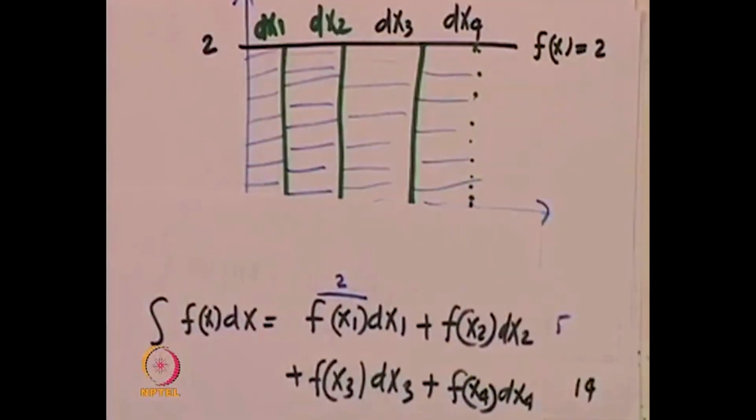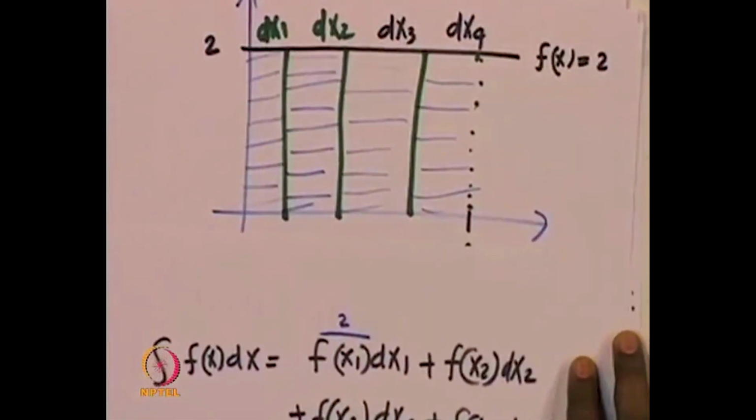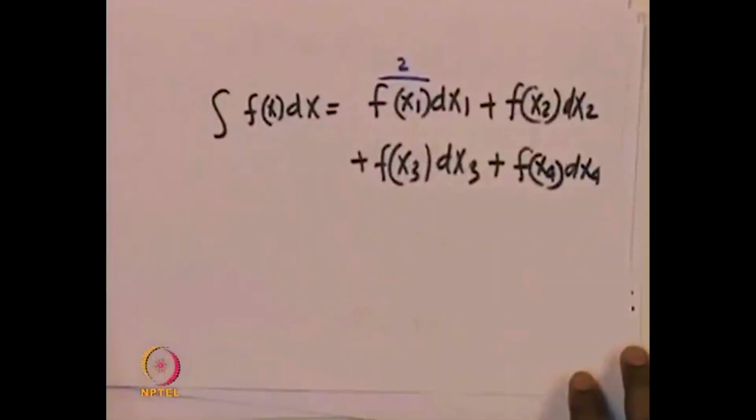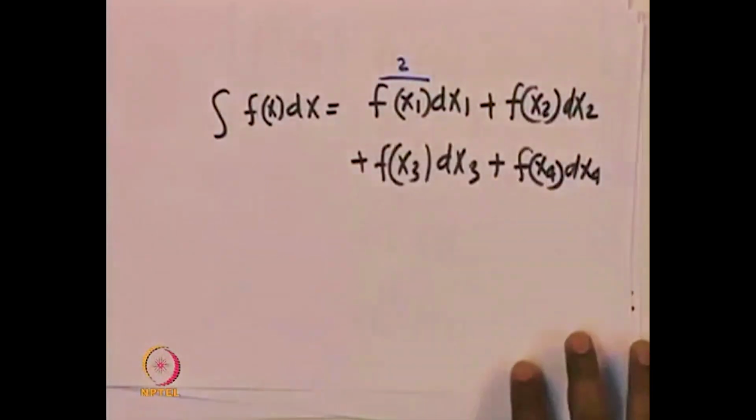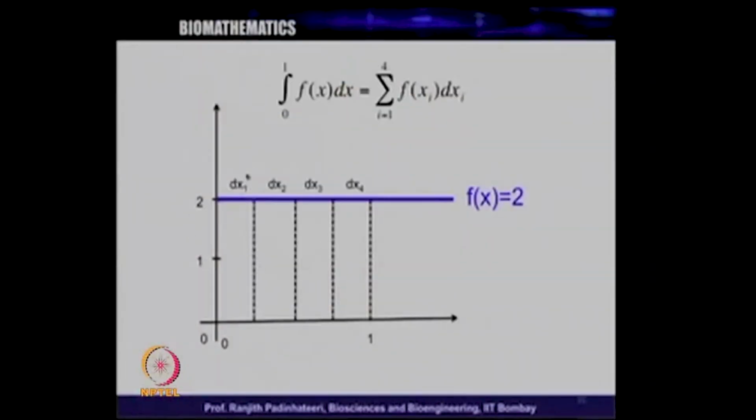So integral is nothing but finding the total area under this particular curve. Integration is nothing but finding the area under the curve. We have this curve f of x equal to 2, and if we can find the area under this curve between the two points 0 and 1, we would say that we found the integral between these two points.